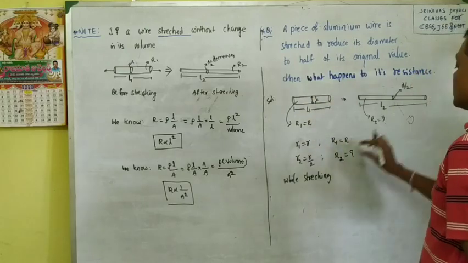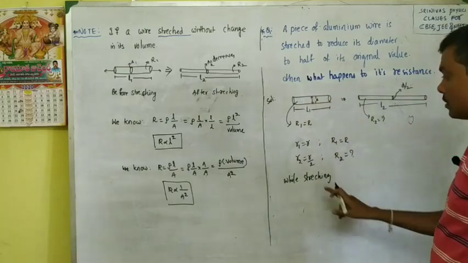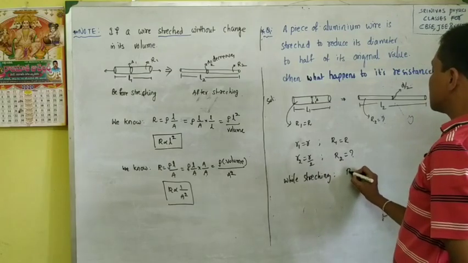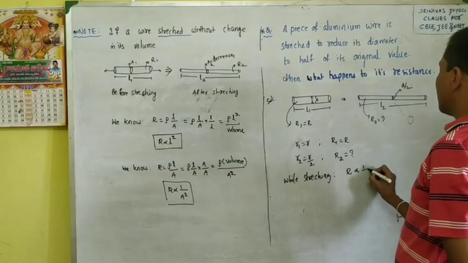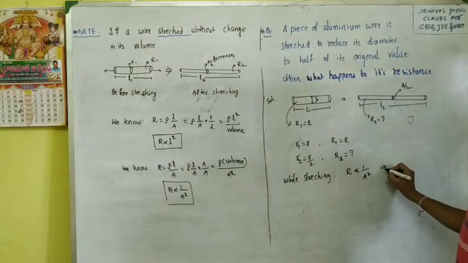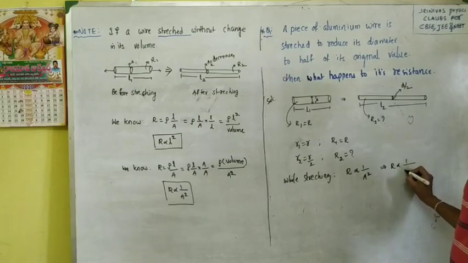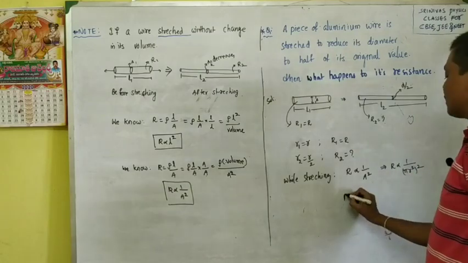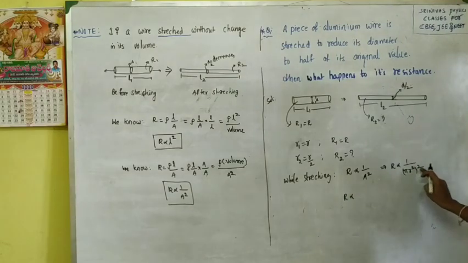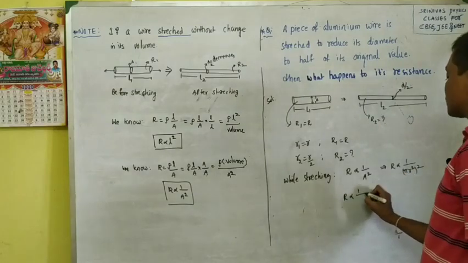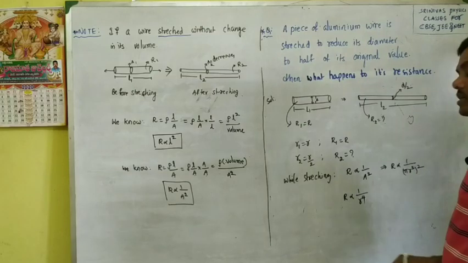Here diameter half means radius also half. Initial resistance we are taking R, and final resistance R2. Resistance is proportional to 1 by area square in case of stretching. But area is pi r square, right? Pi r square whole square, we write pi square r power 4. Then resistance is proportional to 1 by pi square r power 4. But pi square is a constant, so resistance is inversely proportional to r power 4, right?